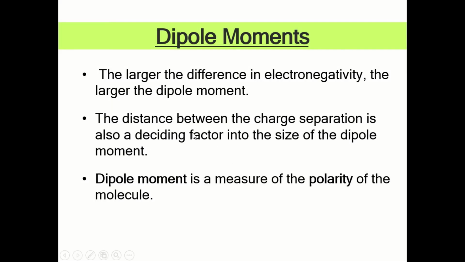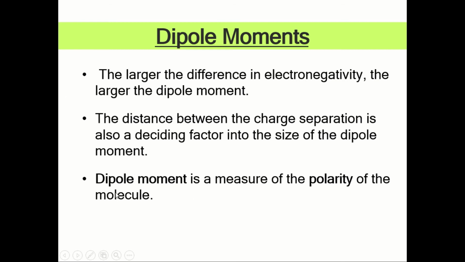Okay, so more info about dipole moment. The larger the difference in electronegativity, the larger the dipole moment. The distance of the charge separation is also a deciding factor in the size of the dipole moment. Dipole moment is a measure of the polarity of the molecule. Actually, class, dipole moment can be computed.